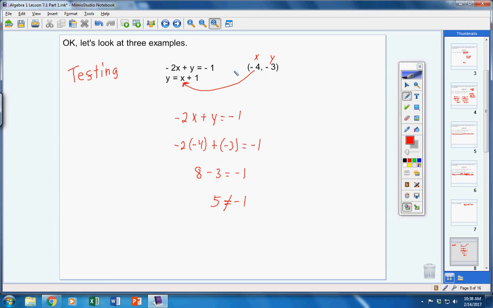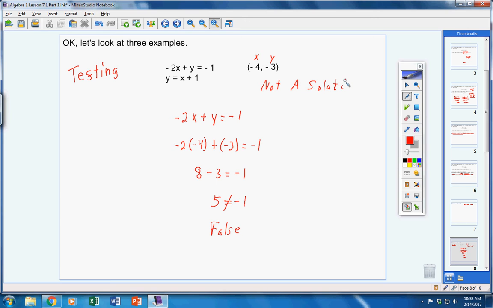Because if this ordered pair satisfies this equation but doesn't satisfy this equation, then it's no good. So I do not need to test this ordered pair in this equation. I'm done. I got out a false statement. So my answer would be this ordered pair is not a solution.